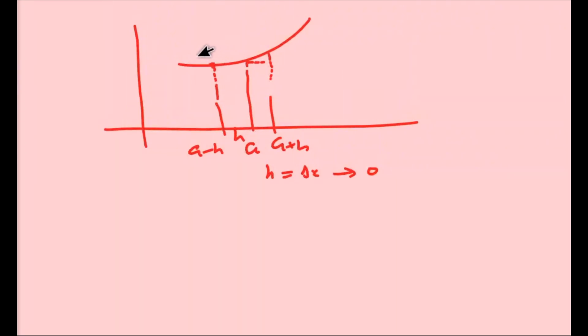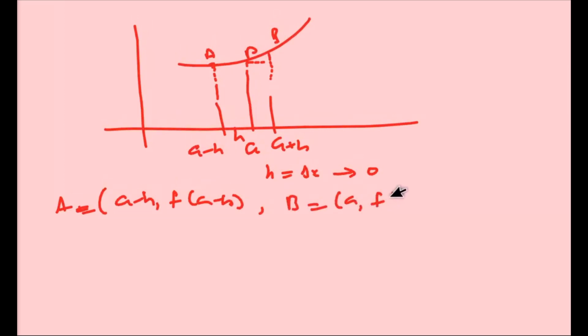Now these points are A, P, B. So the point is f(A minus h), and B is f(A), and C is f(A plus h).